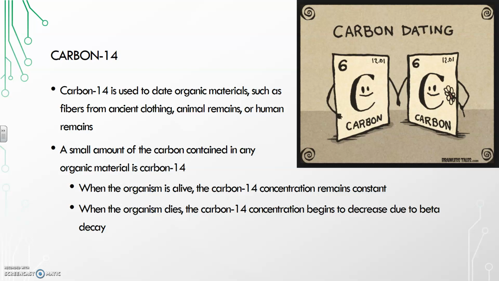And then they can measure how much there is left in the remains that they find. And through that, they can figure out it's gone through this many half-lives, which means it's roughly this old. So that's how carbon-14 dating works.